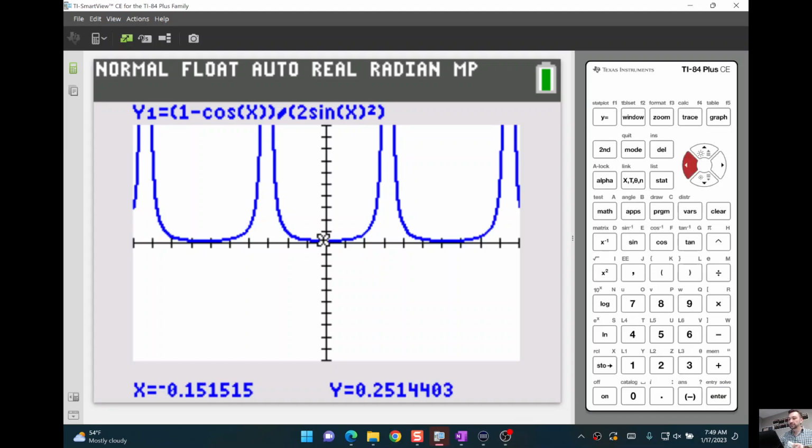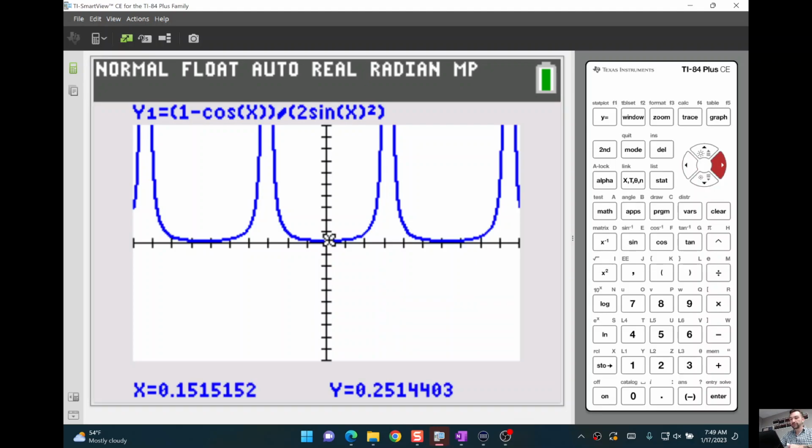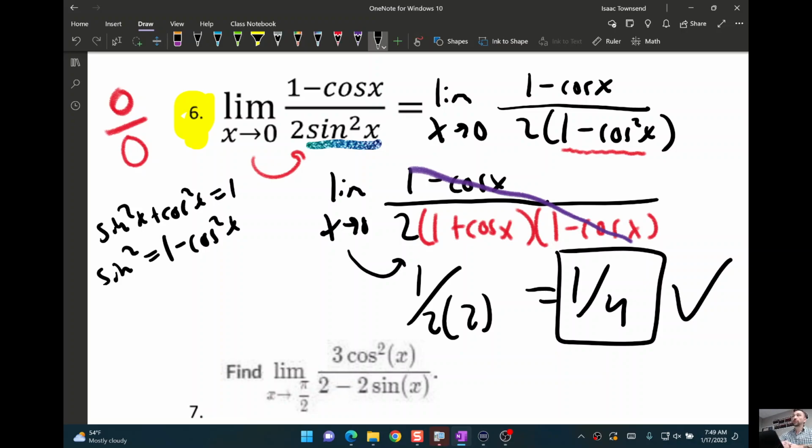But then if you cursor just a touch to the left, as x gets really close to 0 on the left, it looks like the y value is getting close to a fourth. And then if you move your cursor to the right of 0, so x is almost 0 on the right side, it looks like the y value is also approaching a fourth. And if it's approaching a fourth from the left and the right, then that just confirmed that that was correct.